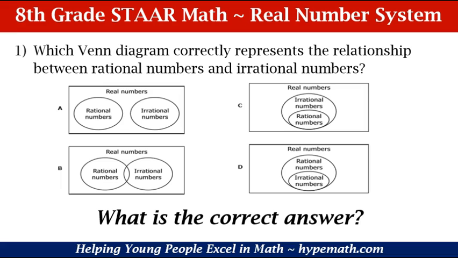For C, we said that the set of irrational numbers contains rational numbers as well. And for answer choice D, the set of rational numbers contains irrational numbers as well. Can you choose what the correct answer choice is based on all of our information?